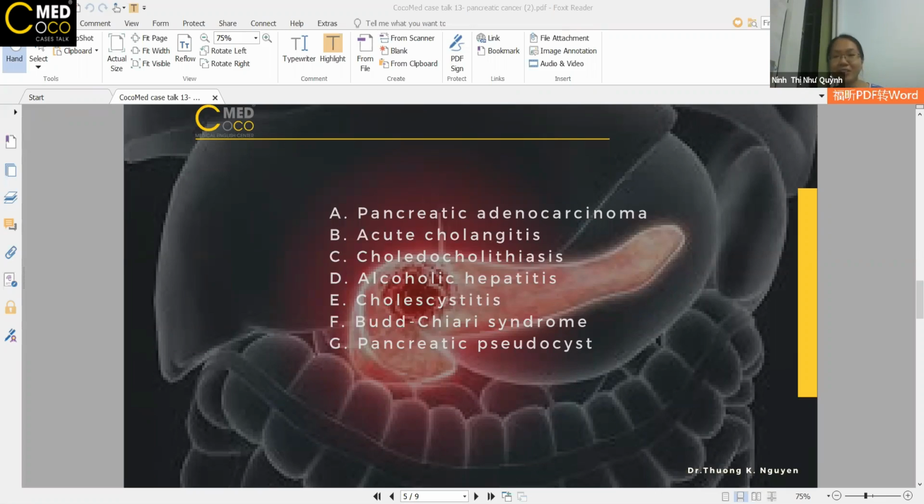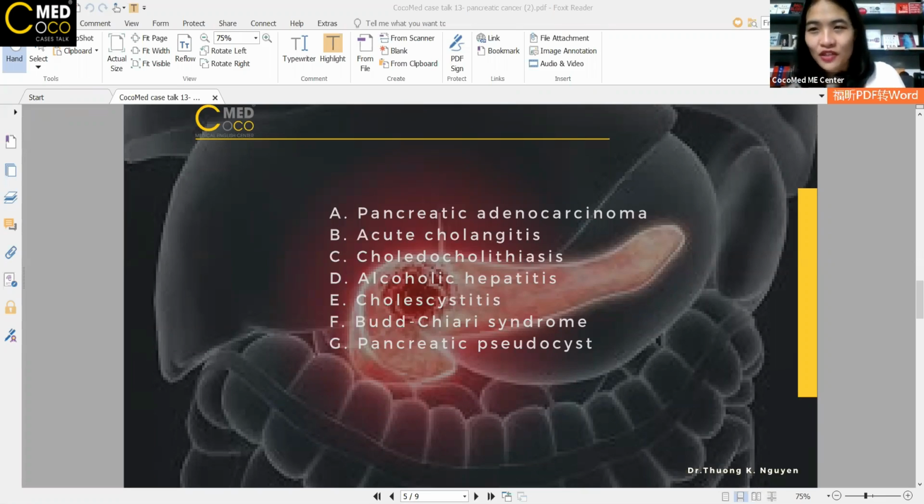Also, this patient is 72 years old and has unreasonable weight loss. So that's the reason why we should think about malignancy. And one more thing about pseudocyst from the pancreas: it is really rare for it to cause biliary compression.